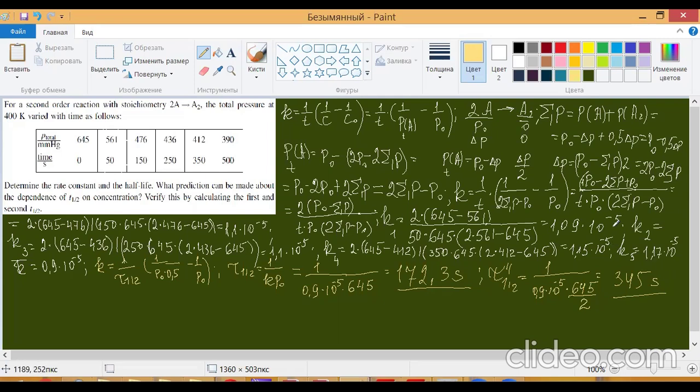As we can see, the length of half-life depends on pressure. So the second half-life is larger than the first half-life, and it's because the order of the reaction is second. That's it.